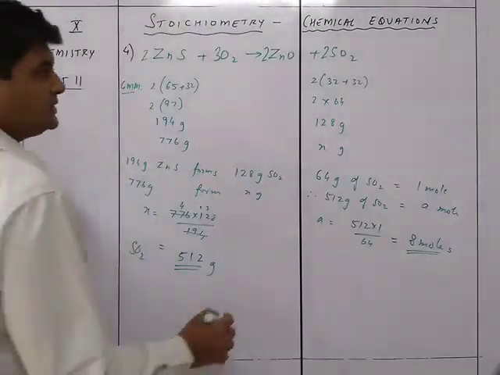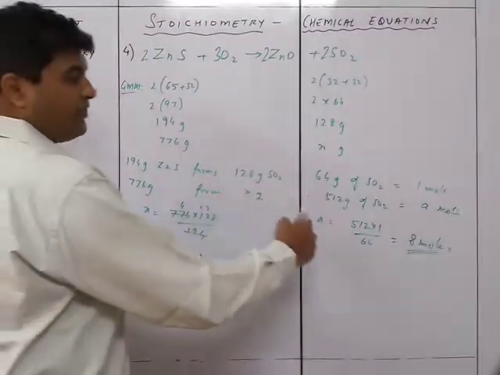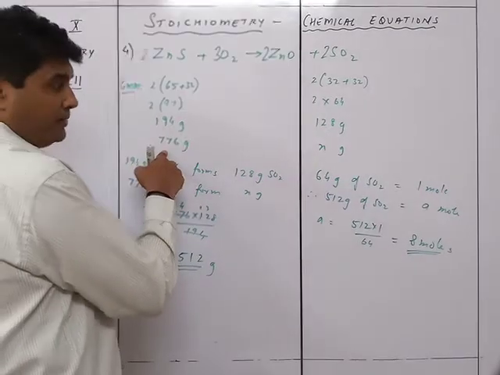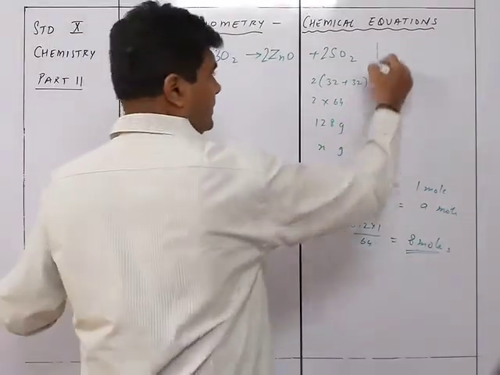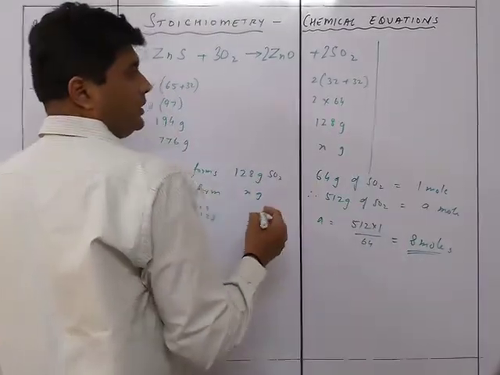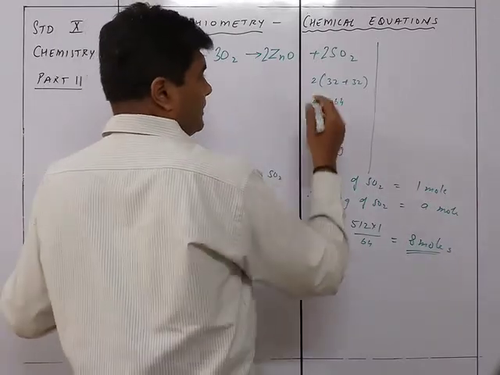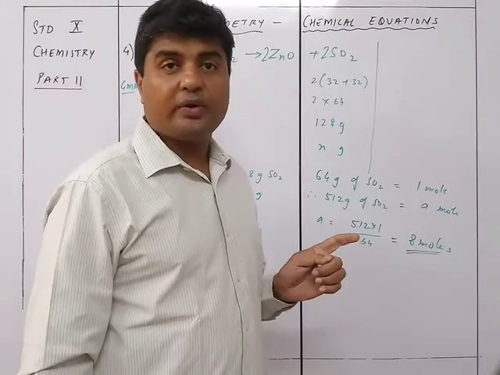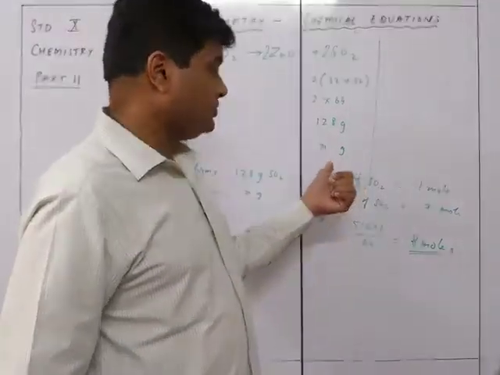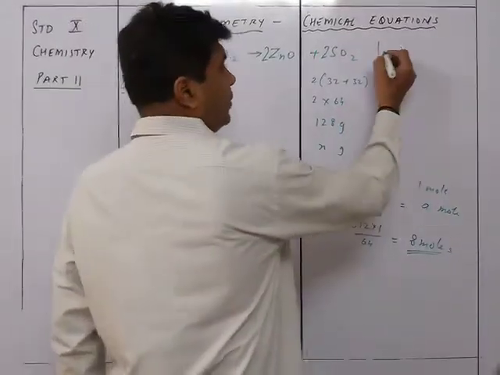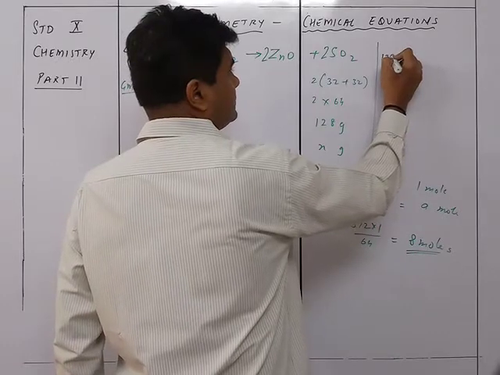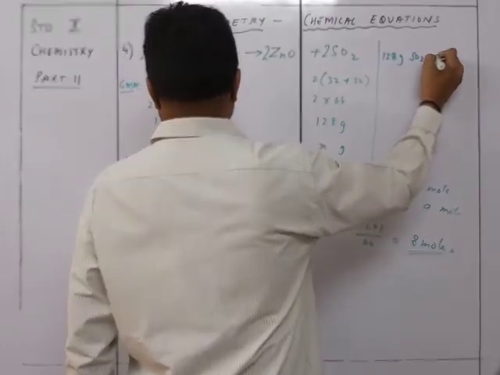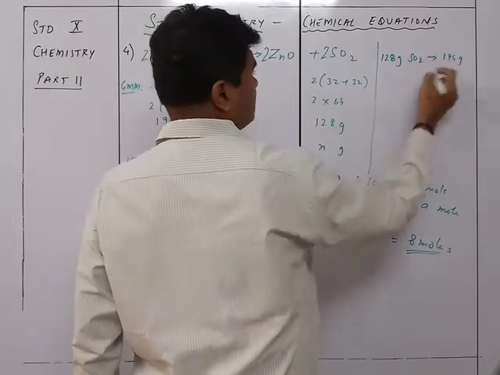So that part is, if I am using 22.4 liters of this, then how much ZnS will be required? Okay, so we will take it over here. 22.4 liters of SO2 is 1 mole. 1 mole means 32 grams. So we can see that 128 grams SO2 requires 194 grams.